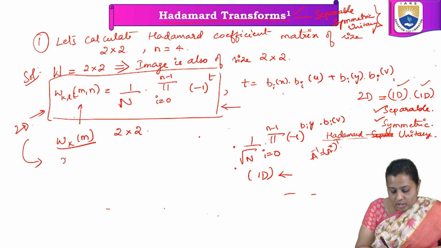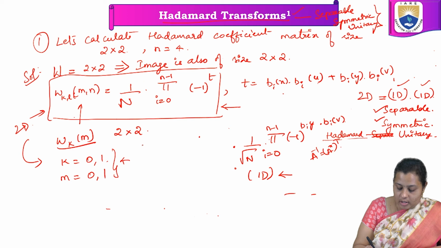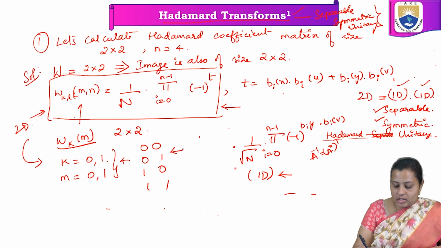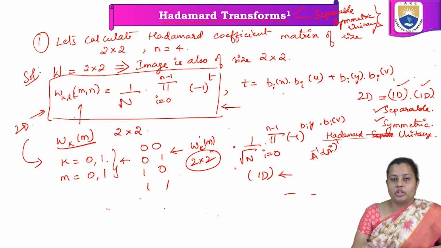So my x values range from 0, 1, my k values range from 0, 1, whereas my m values range from 0 and 1. So what are my combinations of k and m? I can get 0,0, 0,1, 1,0, 1,1. So I can see that my Wk of m is a 2 by 2 matrix, and the coefficients 0,0, 0,1, 1,0, 1,1 can be obtained from the above equation.